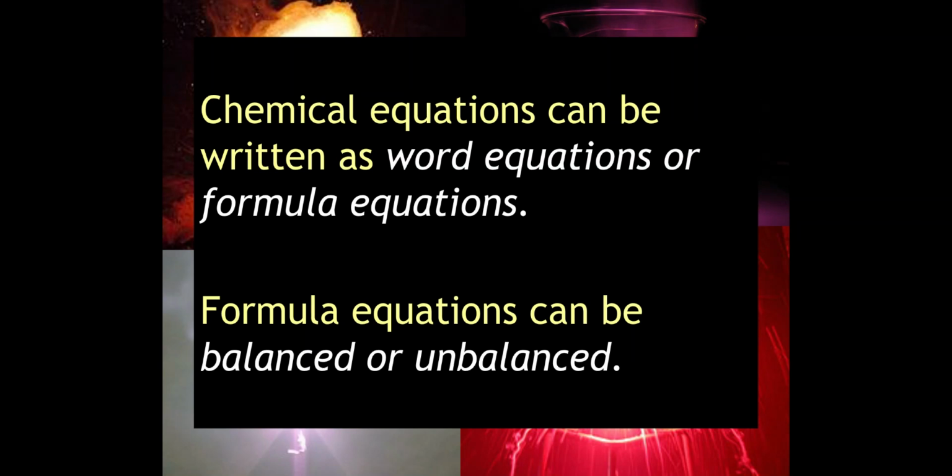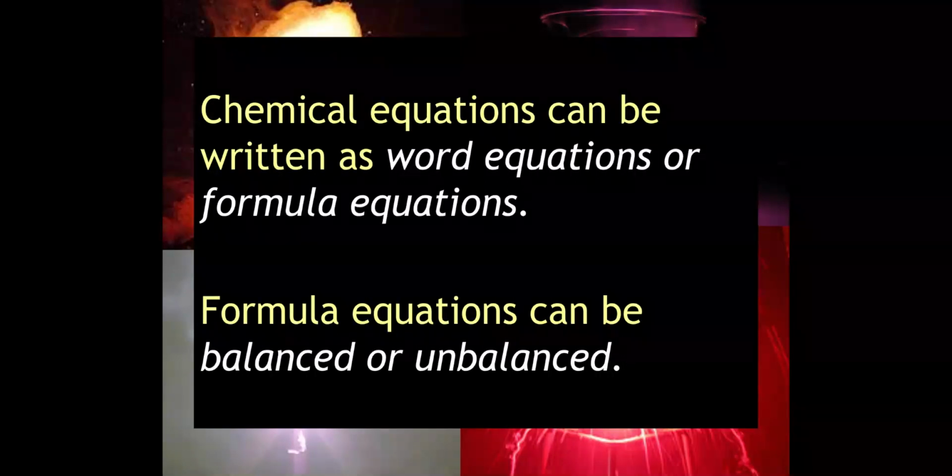Formula equations, on the other hand, those have symbols and numbers in them. And formula equations can be balanced or unbalanced. And we'll talk in another video about how to balance equations. In this video, I just want to teach you how to go from a word equation into a formula equation.